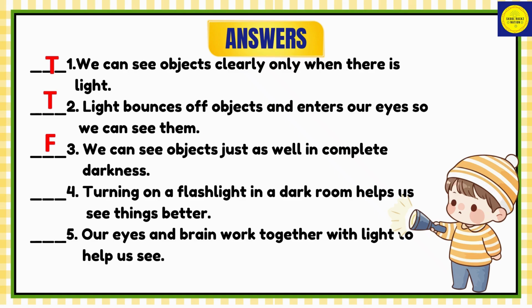F. 4. Turning on a flashlight in a dark room helps us see things better. T. And number 5, our eyes and brain work together with light to help us see. T.